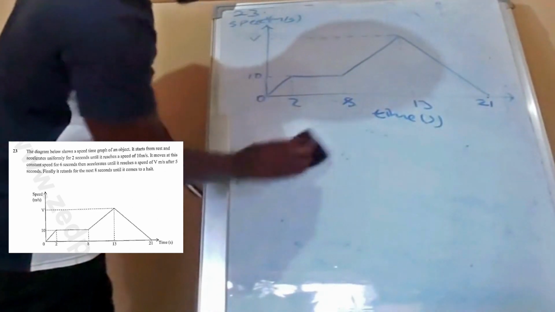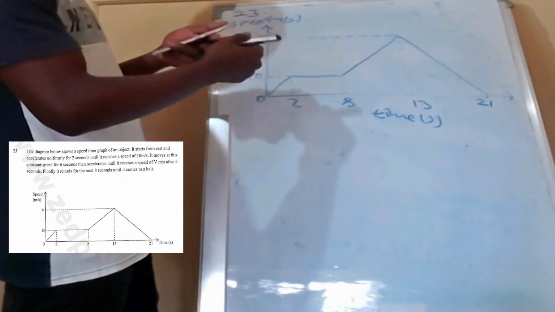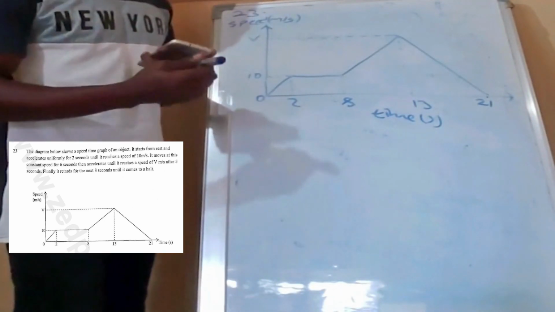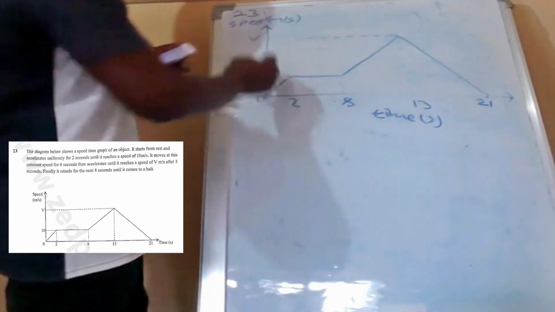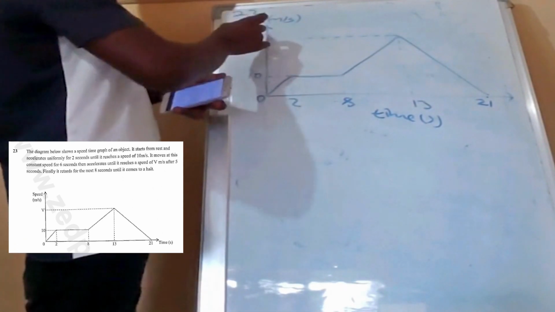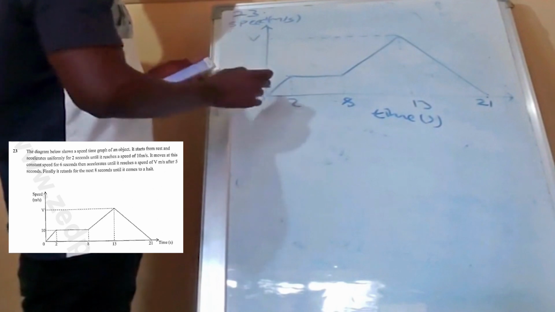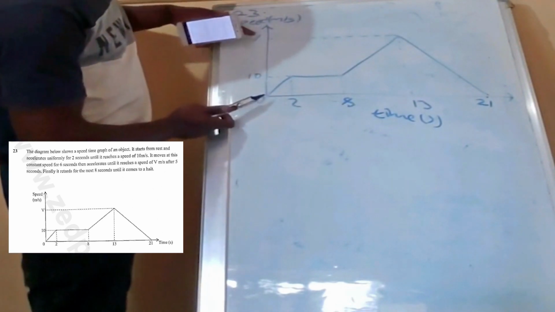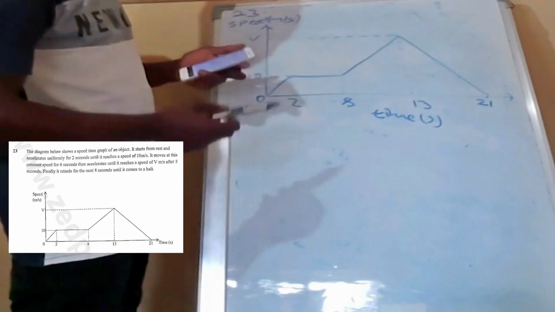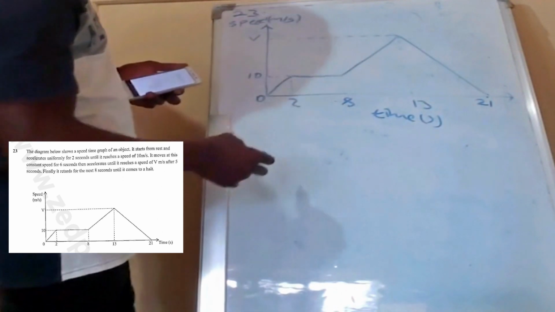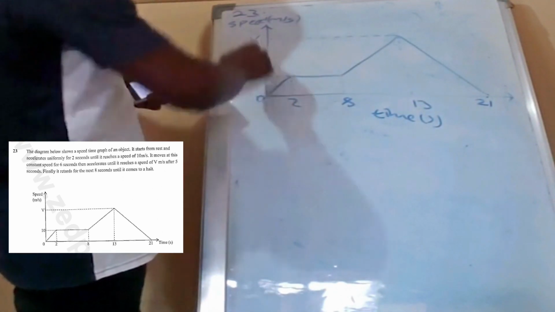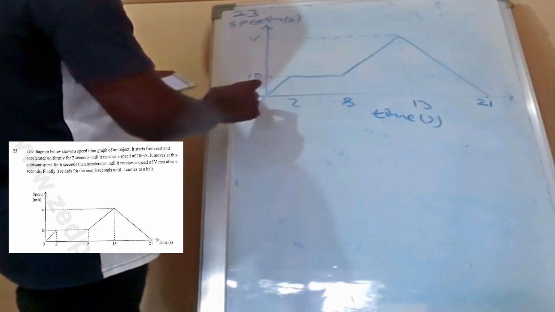Question 23C is asking for the average speed of the whole journey. Given the final speed and the initial speed, which is 0, so it was in between V and 0. We found our V to be 24 and our initial to be 0.